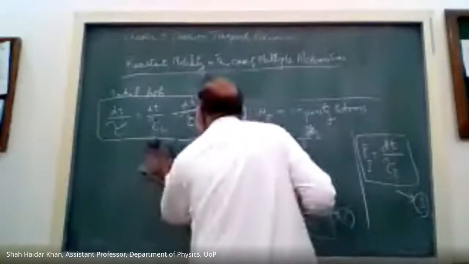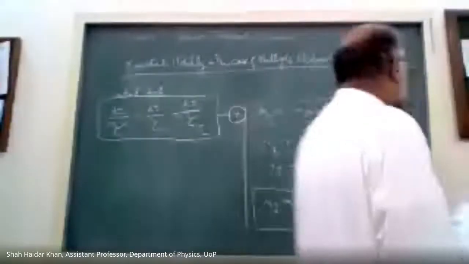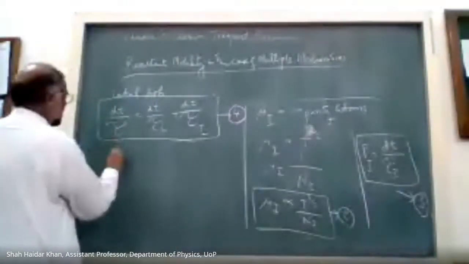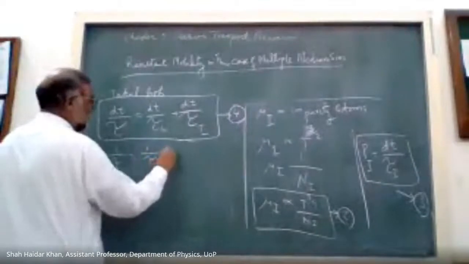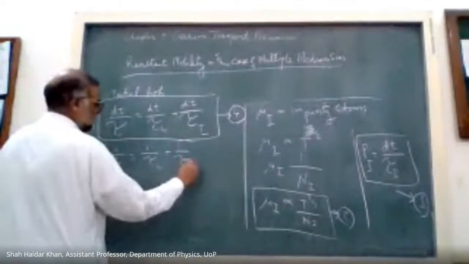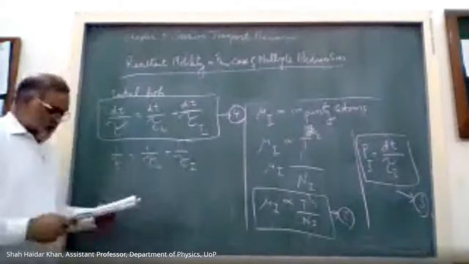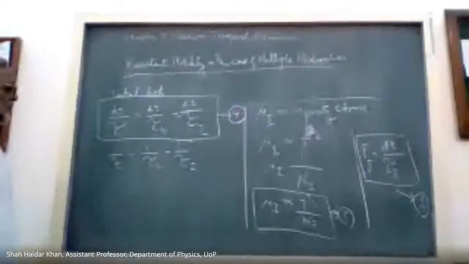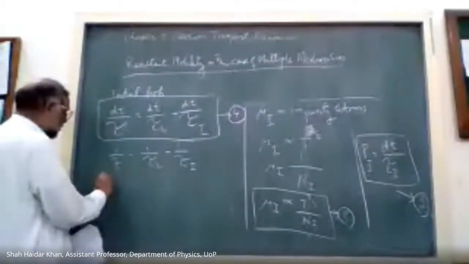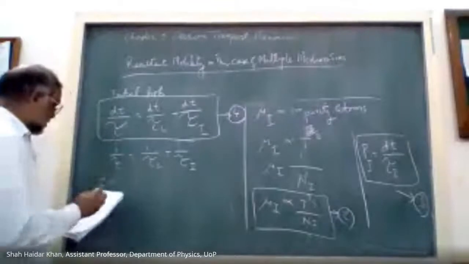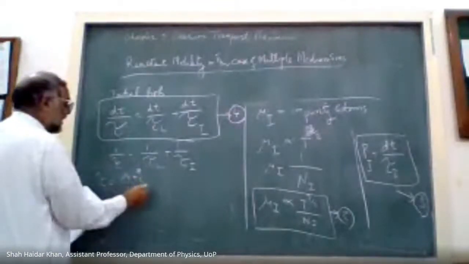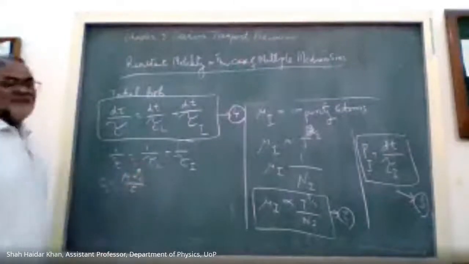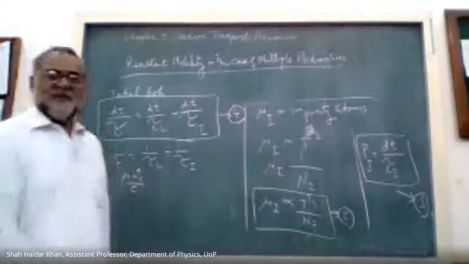Now we put 1 over tau is equal to 1 over tau L plus 1 over tau I. Now we put the values of tau here. Tau was equal to mu m star divided by e, from previous equations.